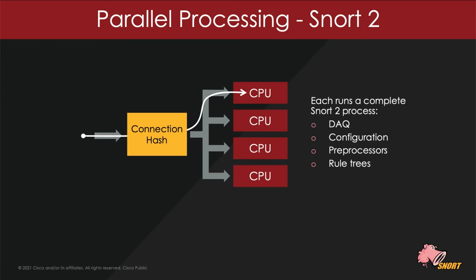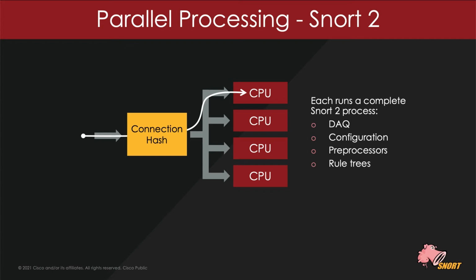Packets that have the same hash are in the same connection, so they go to the same CPU. Other connections are load balanced to other CPUs, and that's how we increase the throughput of the single threaded Snort process to try and keep pace with the speeds that are increasing on the network.